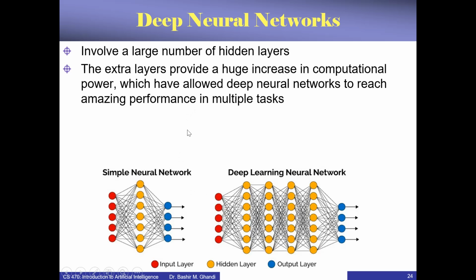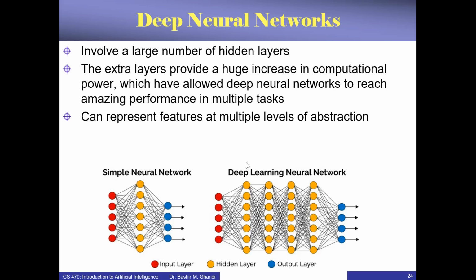The extra layers provide a huge increase in computational power, which has allowed deep neural networks to reach amazing performance in multiple types of tasks. They are able to solve very complex problems, and they are being used by big technology companies like Google to solve many big AI problems.